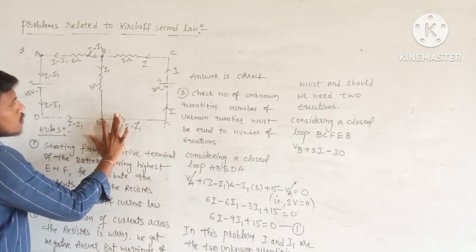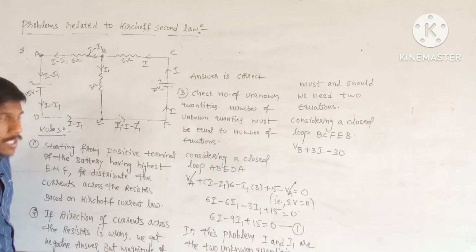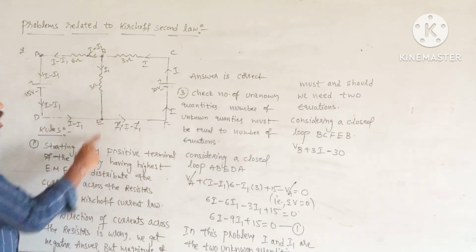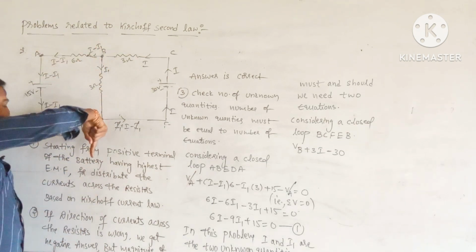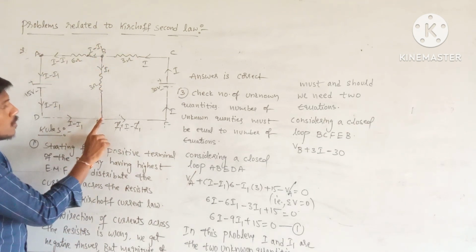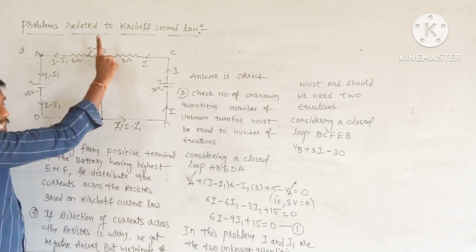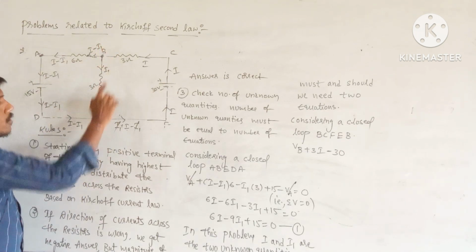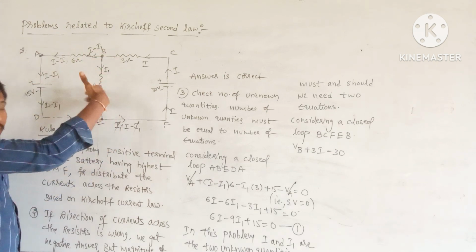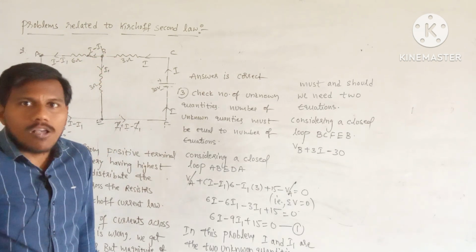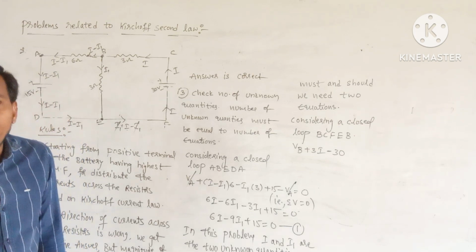Now I am following the path EB. In the path EB, observe the direction of electric current. Current passes through the 3 ohm resistor like this, but we move in the path EB like this. It means in the path EB we move against the direction of electric current.